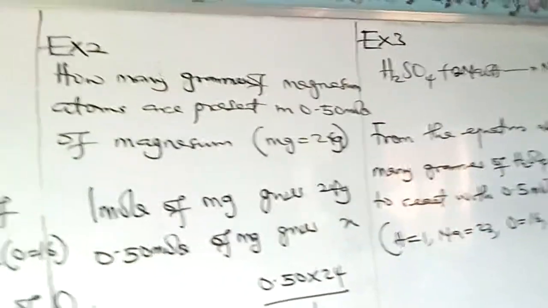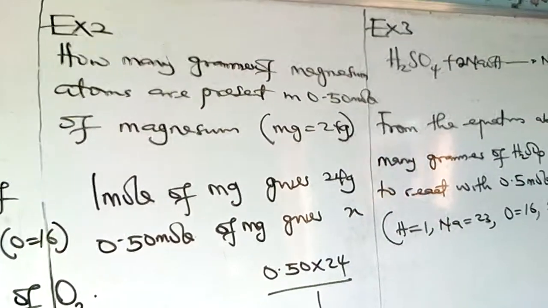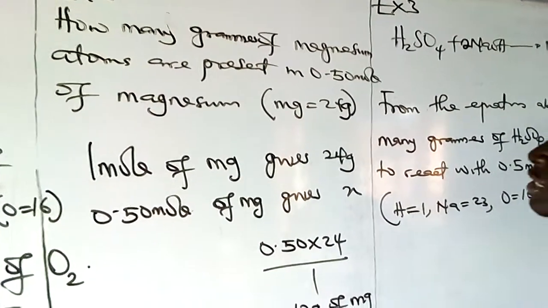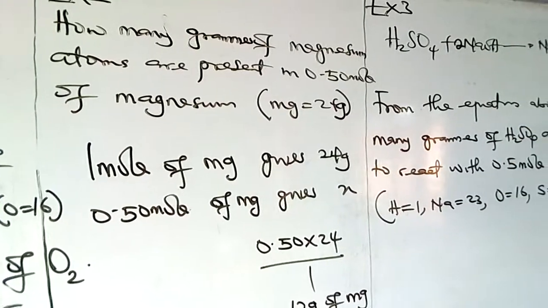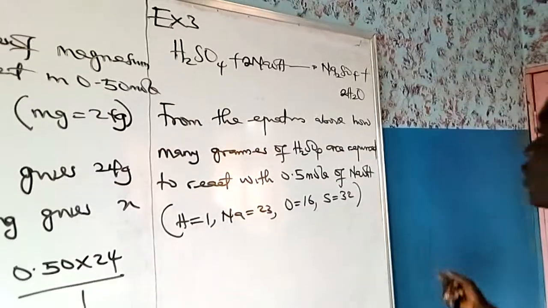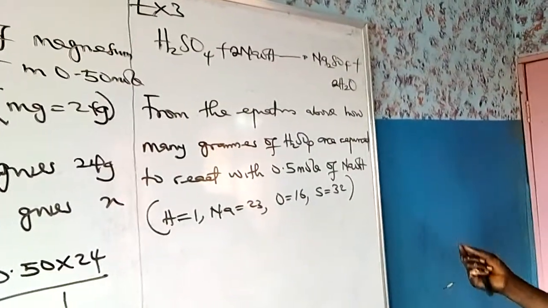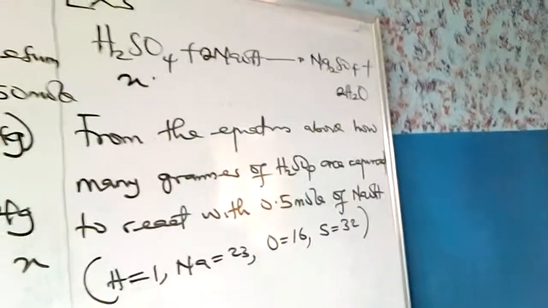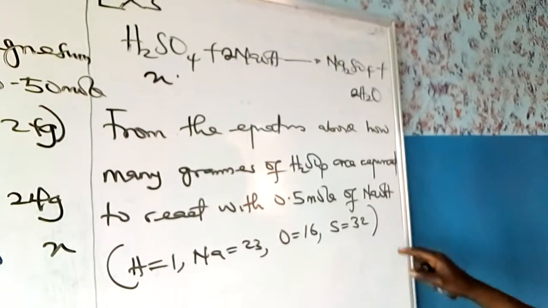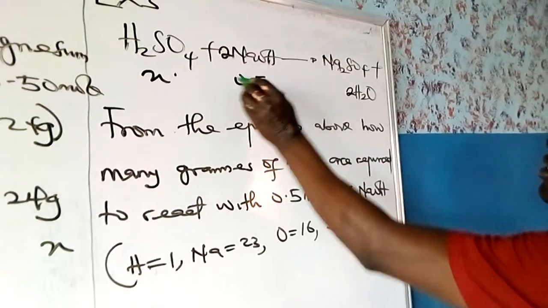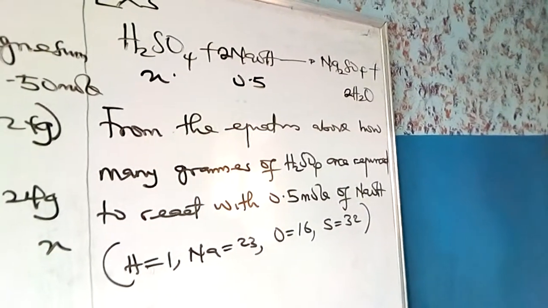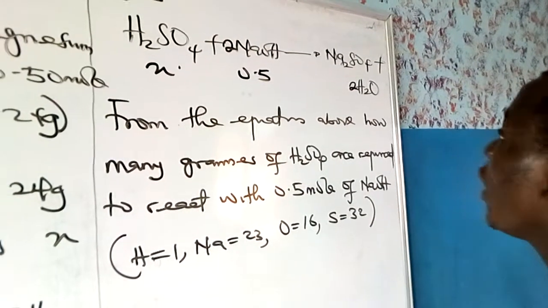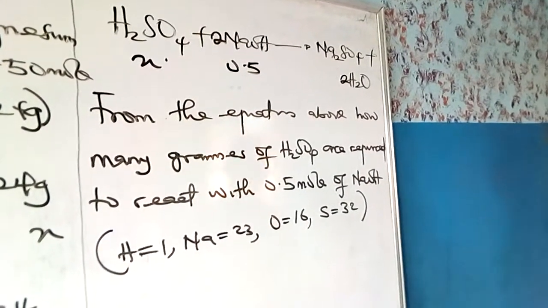So we calculated the grams as 12 grams of magnesium. But in this equation now, again, we have balanced the equation. The question says from the equation above, how many grams of H2SO4 are required to react with 0.5 mole of sodium hydroxide.